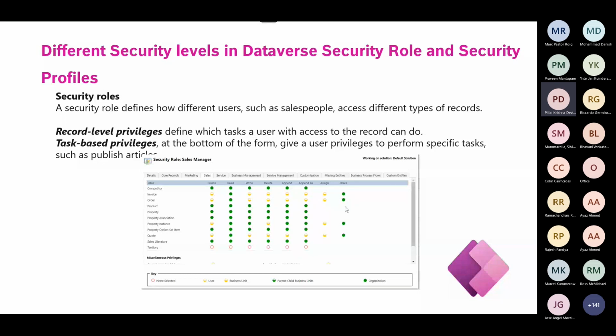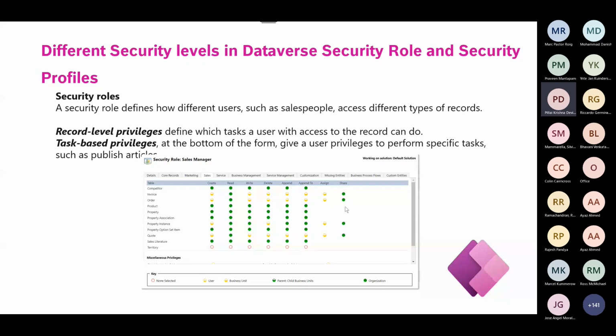Here there are two kinds of basic privileges. One is record level privilege. In a table there could be a volume of records, and who can see each row, and who can take action on each row, those things are governed by record level privileges.